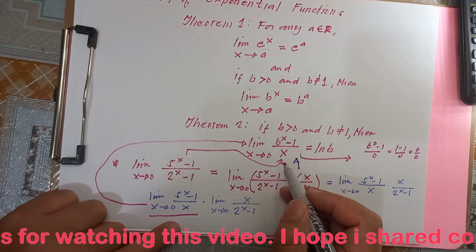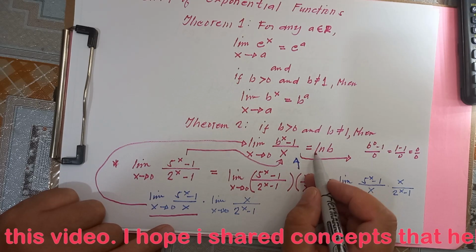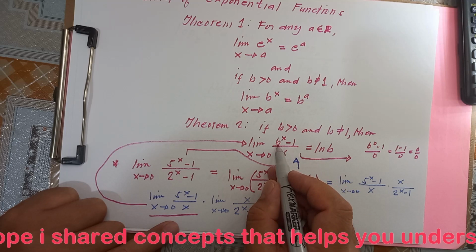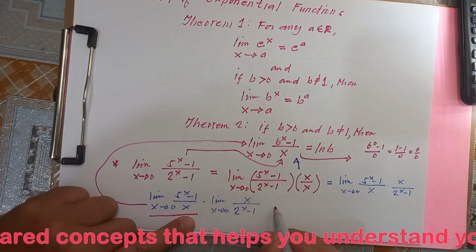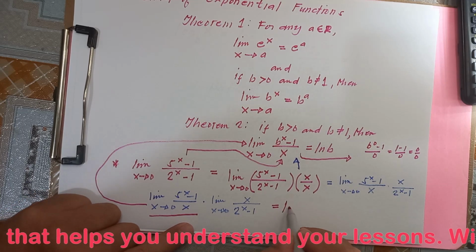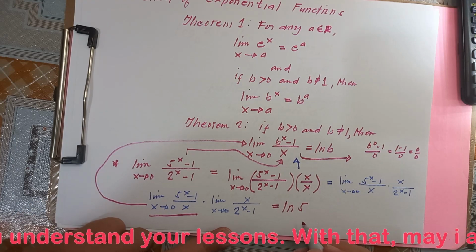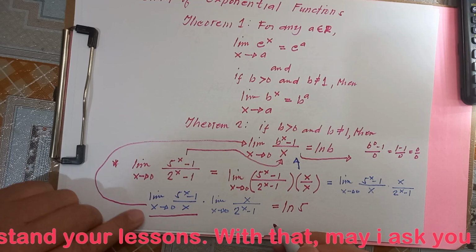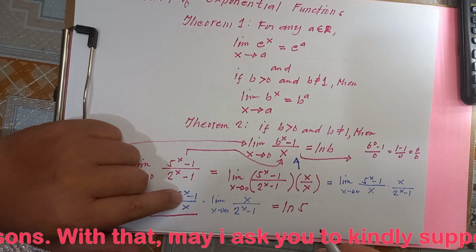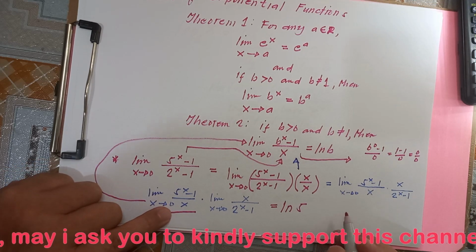Now it says here the result is the limit of the base, or the natural number b, which is the same as this one. So what is the result of that one? It will give you the natural number 5, for the limit of the quotient 5 raised to x minus 1 over x as x approaches 0.